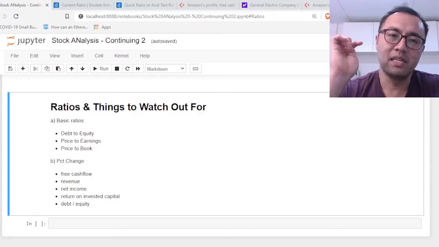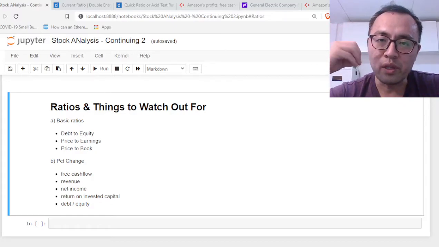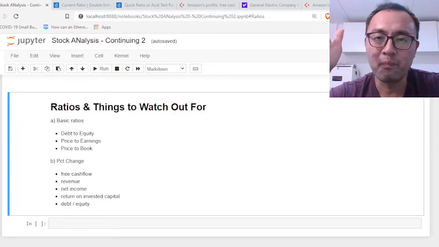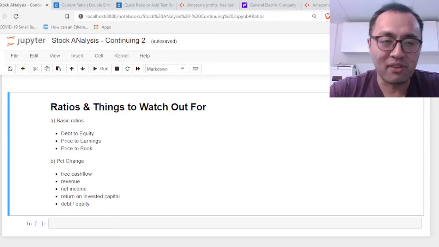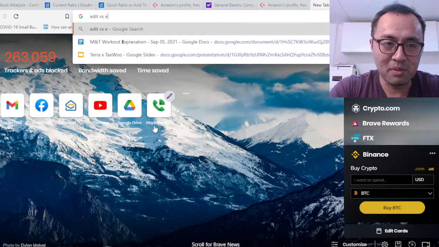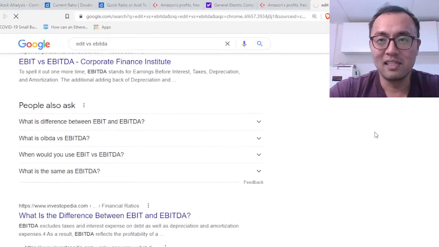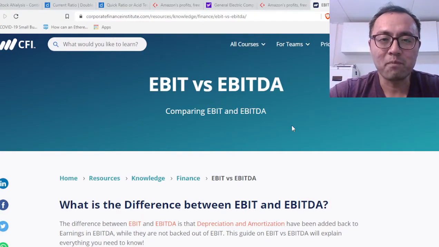One caveat is that a lot of these formulas, what you derive and what Yahoo Finance or these professional analysts derive, might not necessarily be the same, because their definitions might be different. Like for example, earnings, right? There's EBIT and then EBITDA. Anyway, EBIT versus EBITDA, right? EBIT is earnings before interest and tax, right?